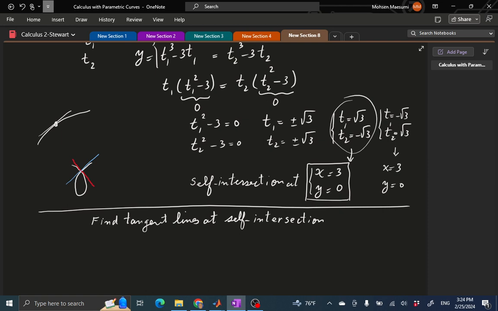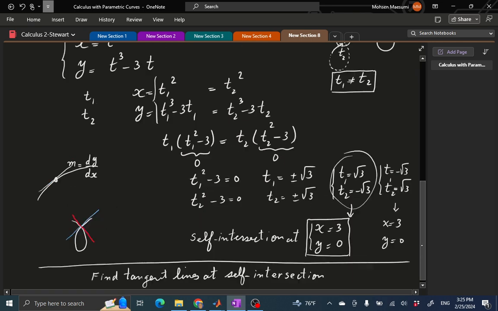At the same point, you can have multiple tangent lines. How did you find the tangent line back in calculus 1? Everything depended on the derivative. The derivative of y with respect to x gave us the slope of the tangent line, and we need that here.